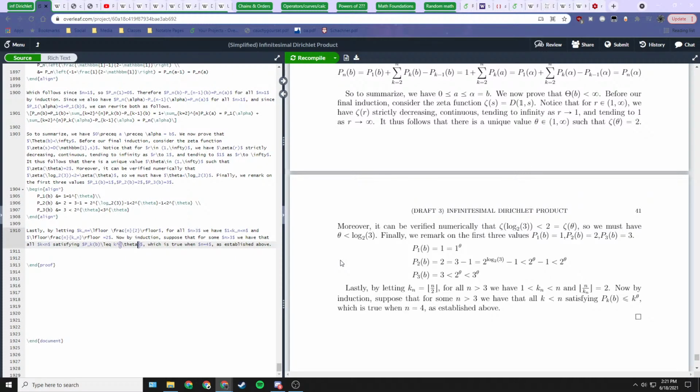Okay, so we're saying p sub k of b is less than or equal to k to the power theta. It's true with 1, they're equal. It's true with 2, strictly less than, and it's true with 3, strictly less than. We can maybe be a bit more specific actually if we want to. We can say this is equal to 2 to the power log base 2 of 3.